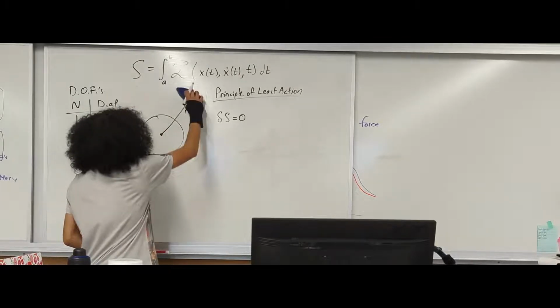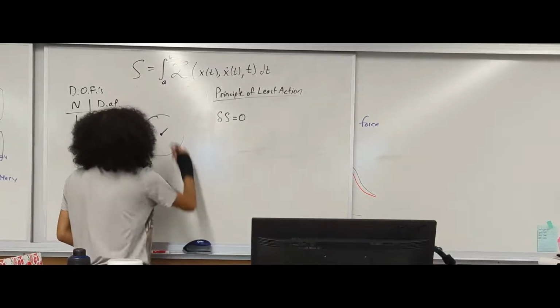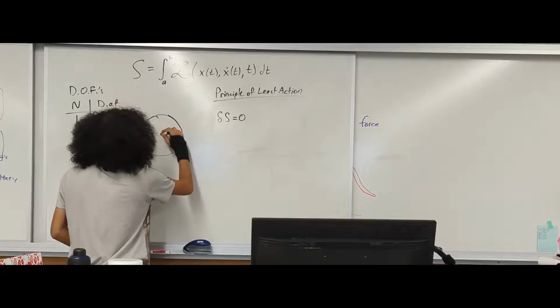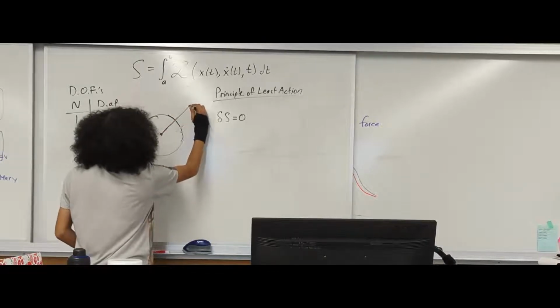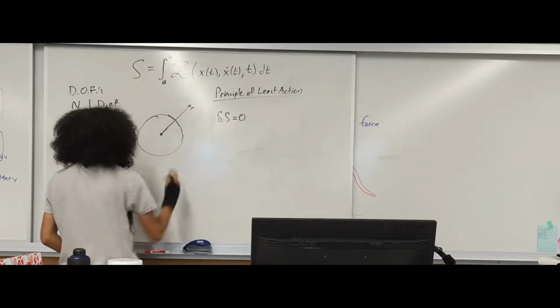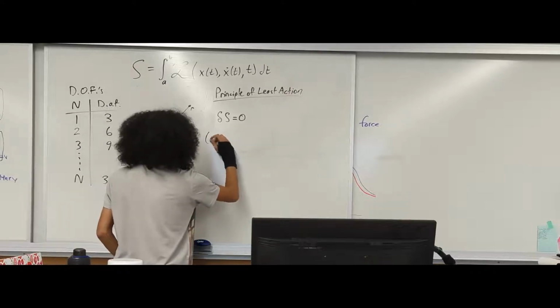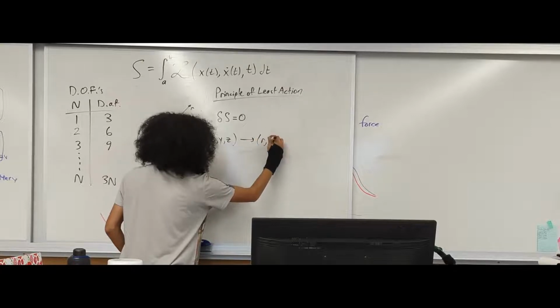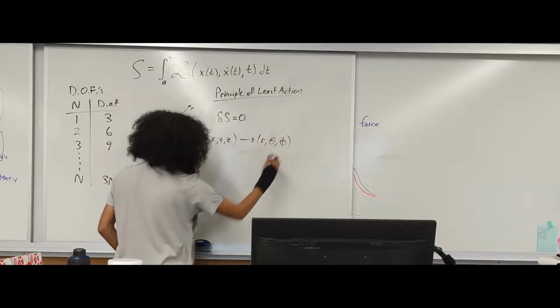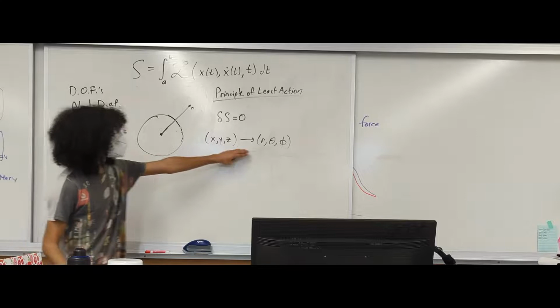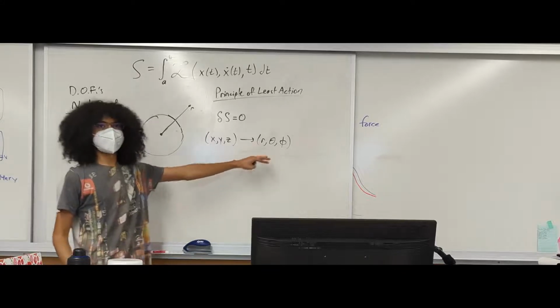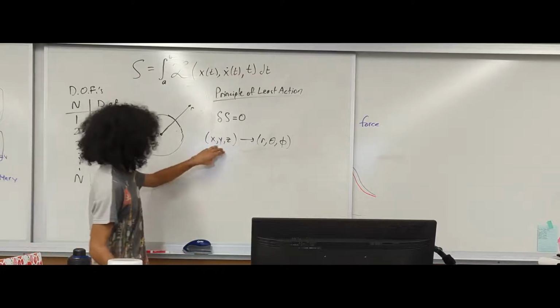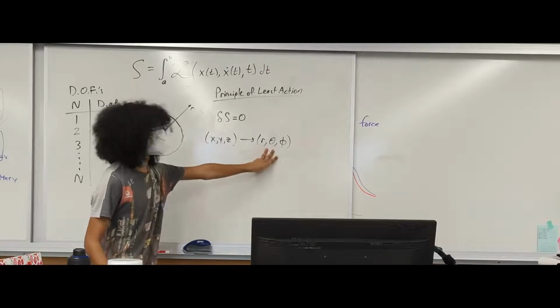The point is, maybe I should just leave this up. The point is that going from x, y, z to r, theta, phi, you have the same number of degrees of freedom. Right? There are 3 things that we keep track of here, and 3 things that we keep track of here.